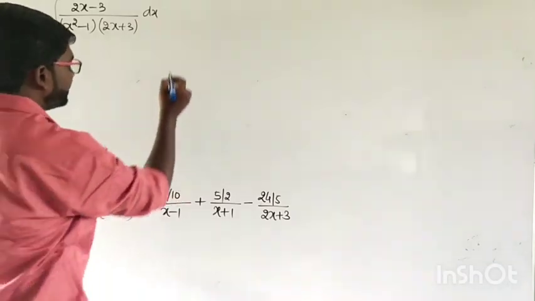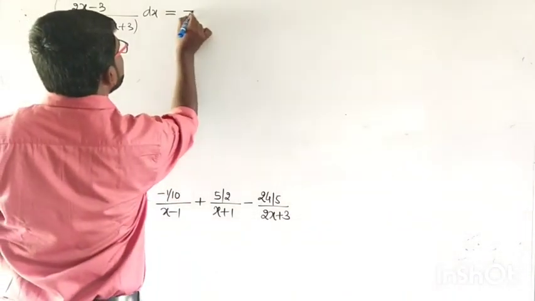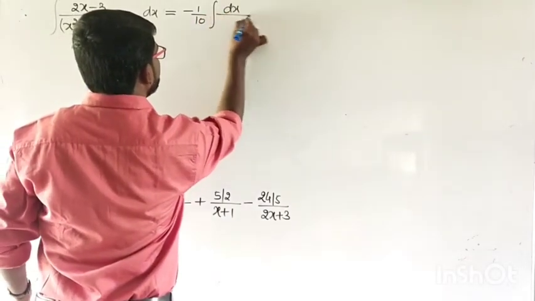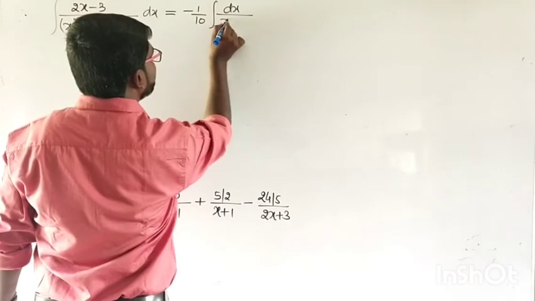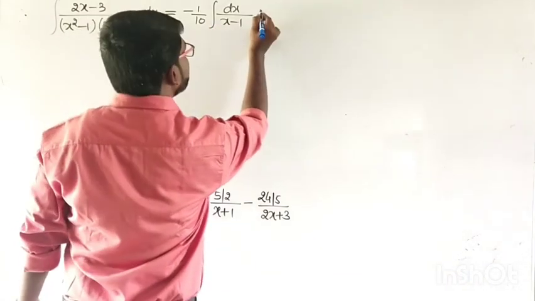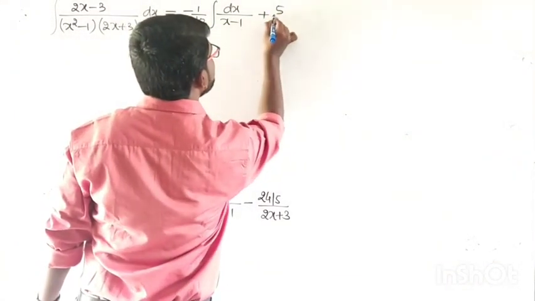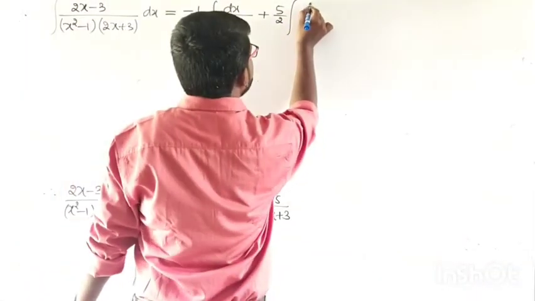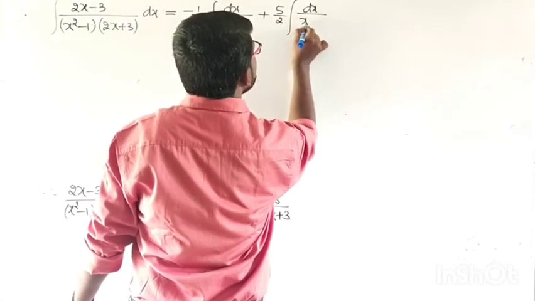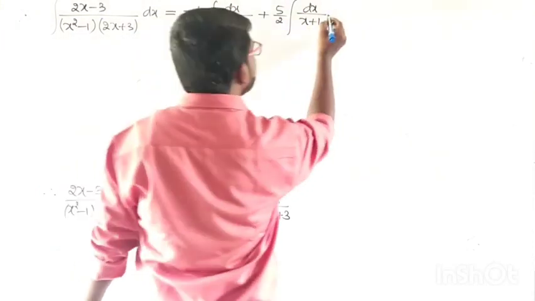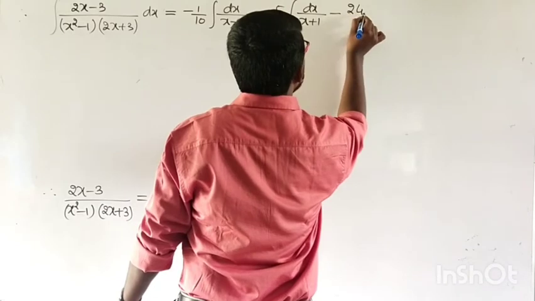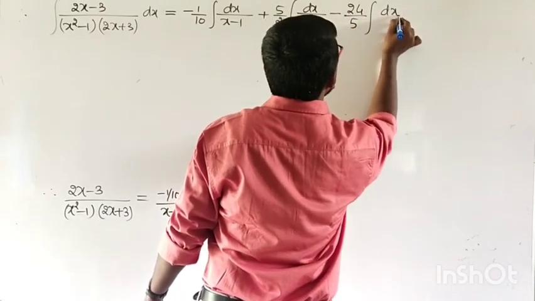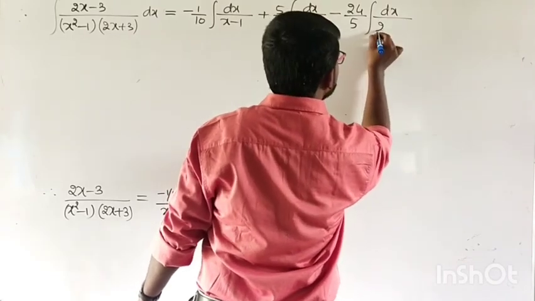Then minus 1 by 10 is the constant, I write it outside. Minus 1 divided by 10 integral dx upon x minus 1. Then plus 5 by 2 is a constant, I write it outside. Then integral dx upon x plus 1. Then minus 24 divided by 5 is a constant. Then integral dx upon 2x plus 3.